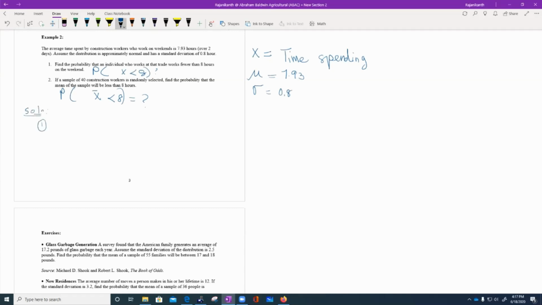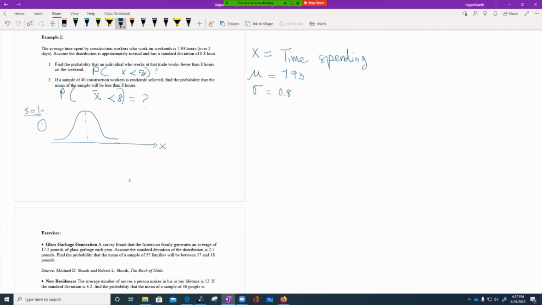So the first one, remember the distribution of the original variable x, they say that is normal. Therefore, I could draw the normal curve. This is about my original distribution x.